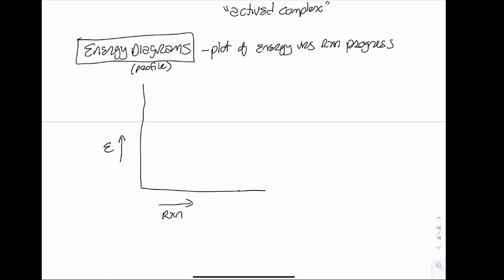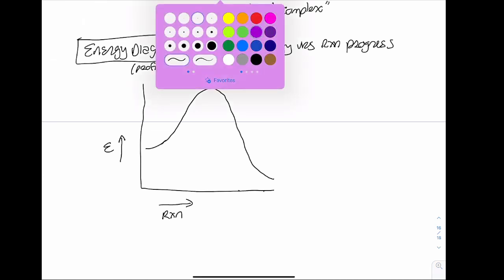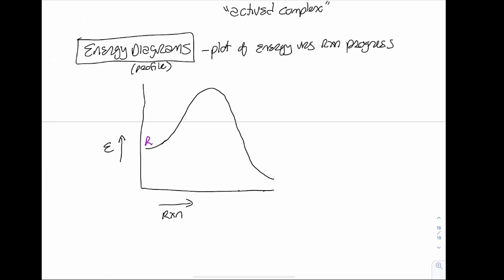So I'm going to start out over here somewhere. I'm just arbitrarily picking a number. I'm going to increase in energy. And then for this one, I'm going to come down further than where we started. So I have my reactants over here. So R for reactants. This is my product. At the very top up here, this is my transition state, right? Remember, our transition state is our highest energy state.